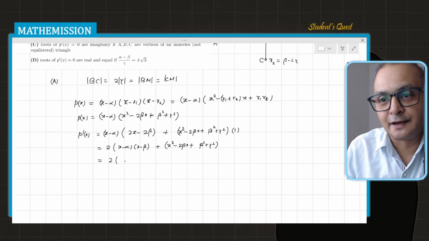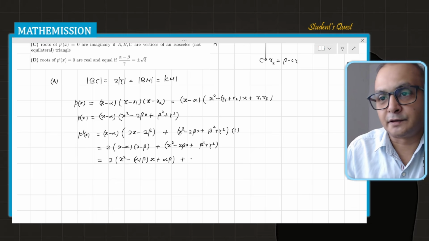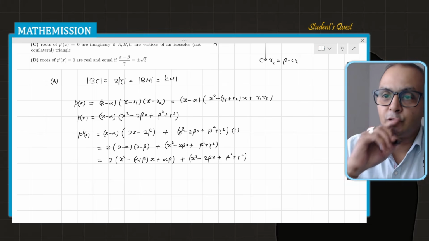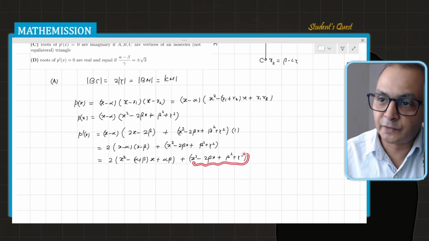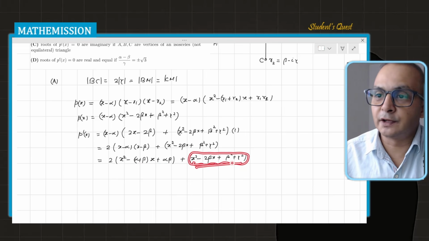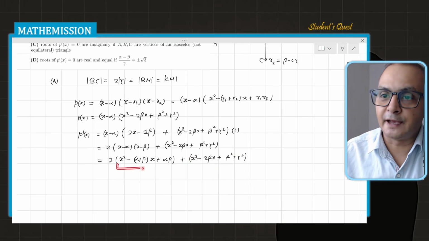This is going to be x square minus (alpha plus beta) x plus alpha beta, and here x square minus 2 beta x plus beta square plus gamma square. Now notice one thing. These two equations, of course, are going to give us imaginary roots. It doesn't mean that this has to be imaginary.